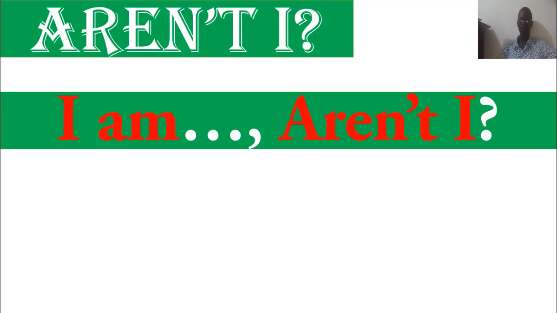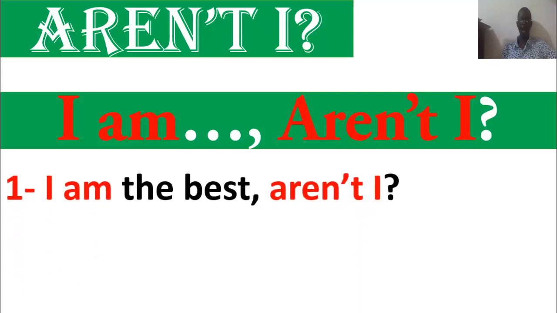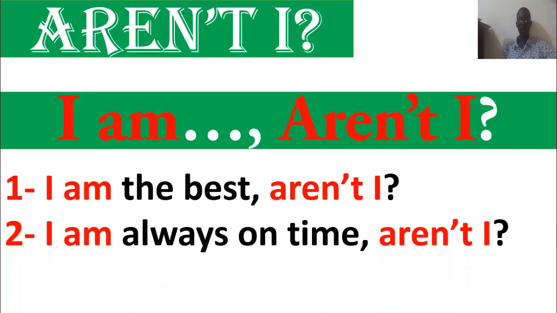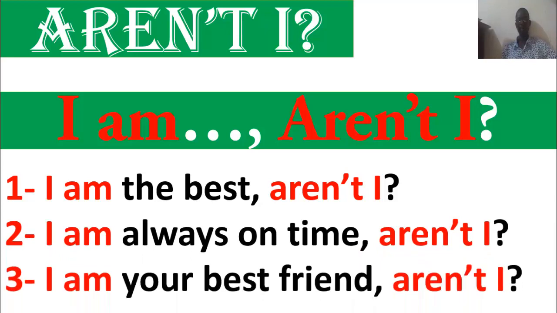Mais quand je dis I am not, c'est am I. Okay, so I am, ain't I. I am the best, je suis le meilleur. Ain't I, n'est-ce pas? I am always on time, je suis toujours à l'heure. Ain't I. I am your best friend, je suis ton meilleur ami. Ain't I. So, ain't I is a tag question for I am. And don't say amn't I. It is aren't or ain't I in good English.